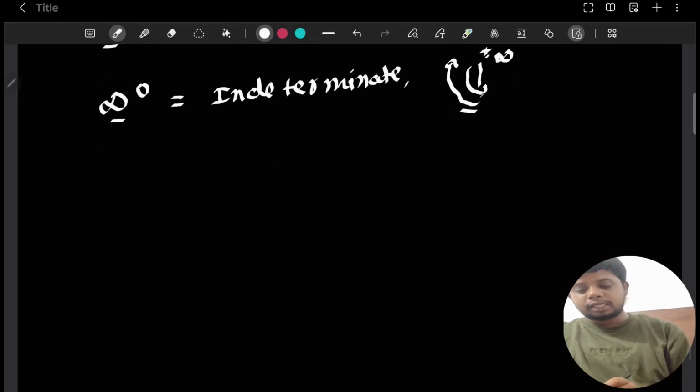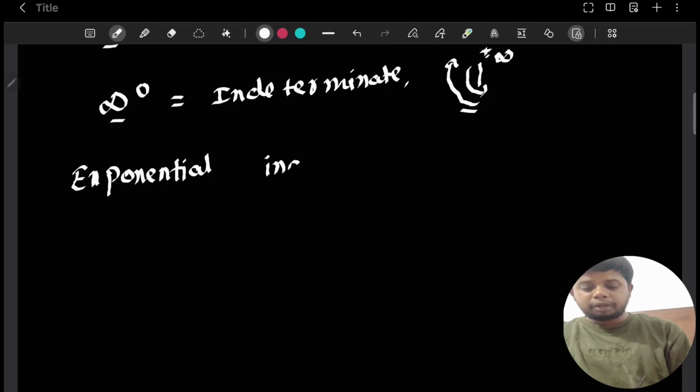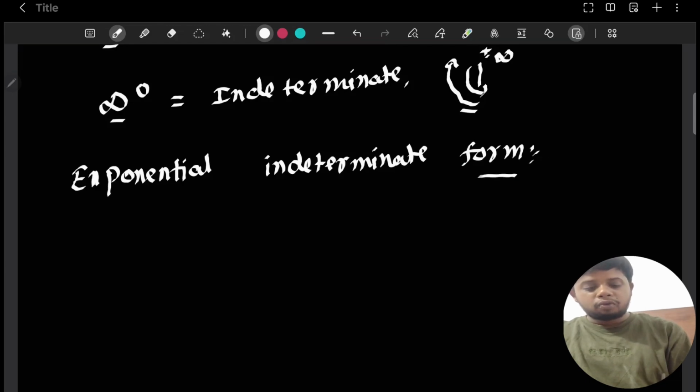So that's why these are called exponential indeterminate forms. You'll say, sir, how?